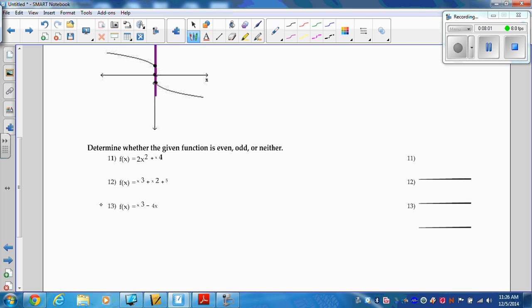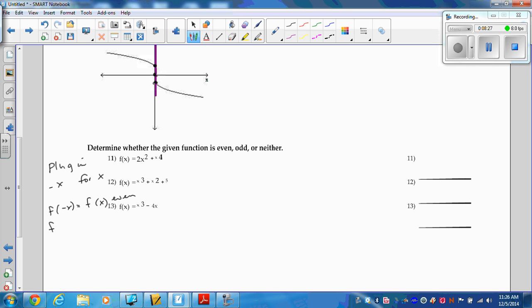Okay. Remember, even, odd, or neither. The test is you plug in negative x for x. And remember, if you get f at negative x is equal to the original function, it is even.